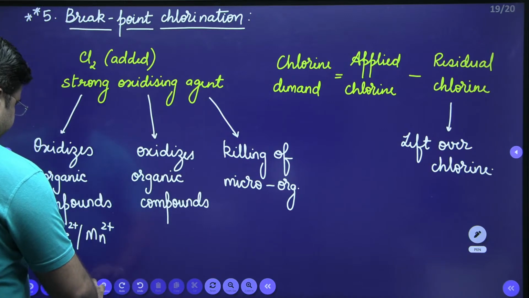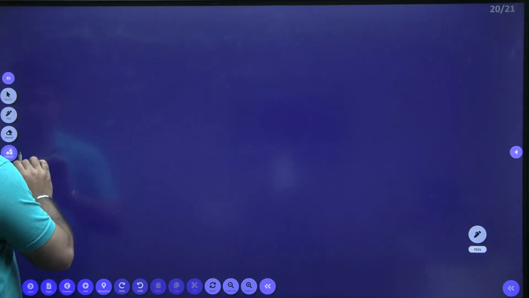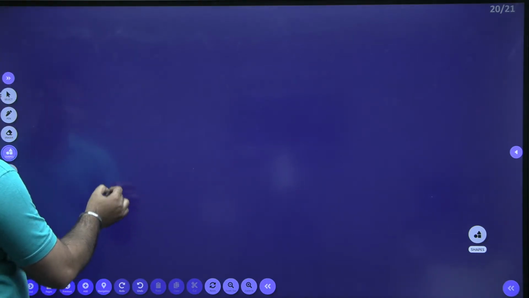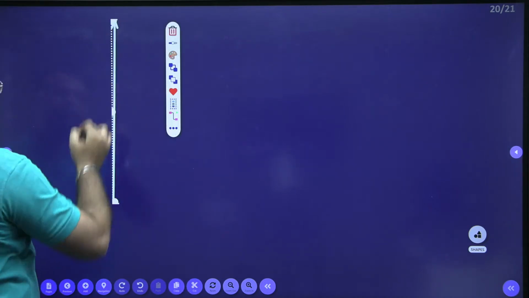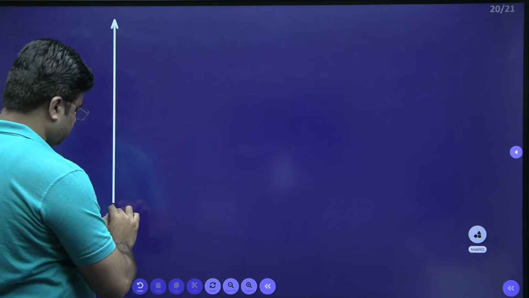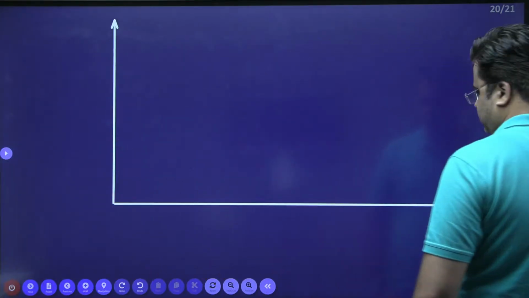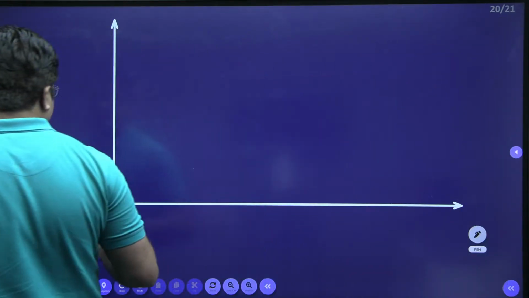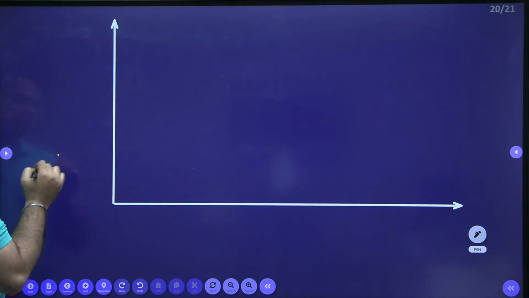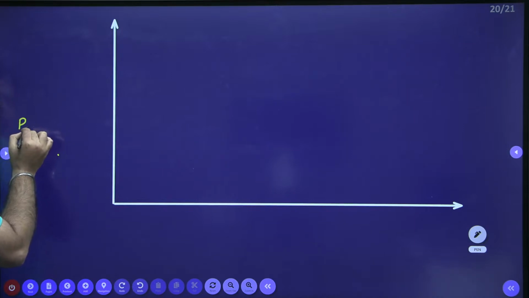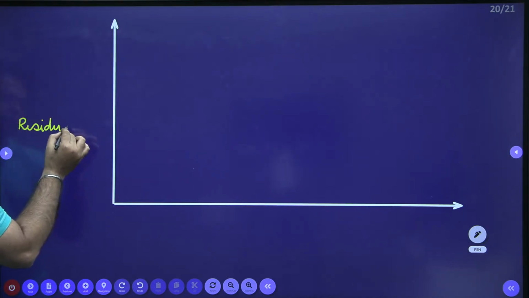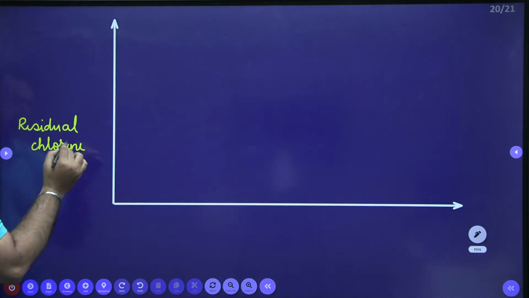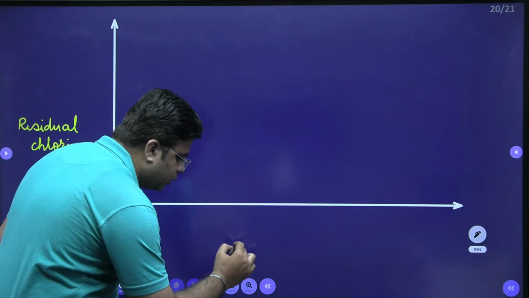Now just see this. On the y-axis, I have plotted residual chlorine, and on the x-axis, I have plotted chlorine dose.